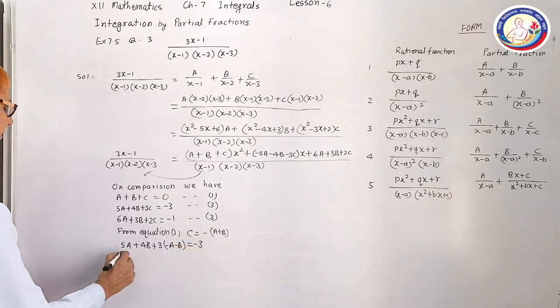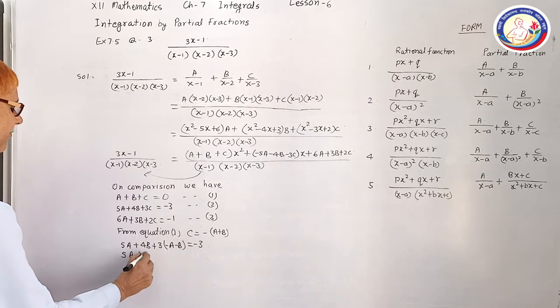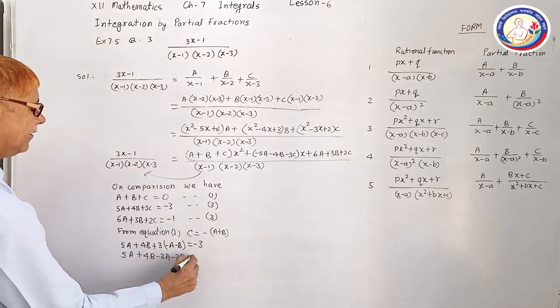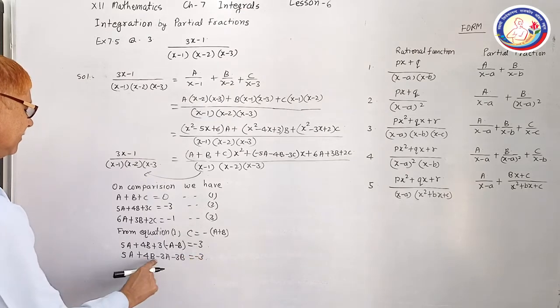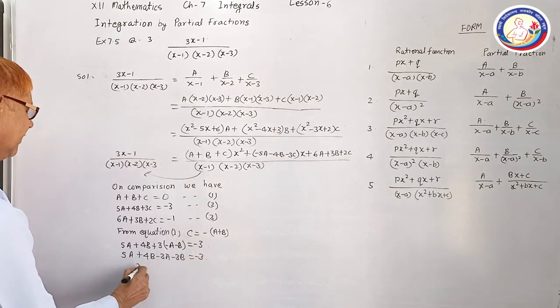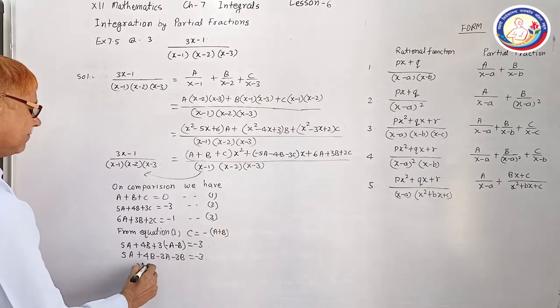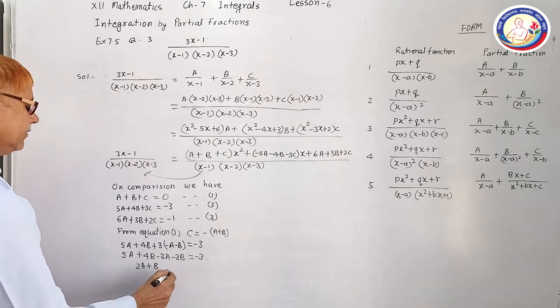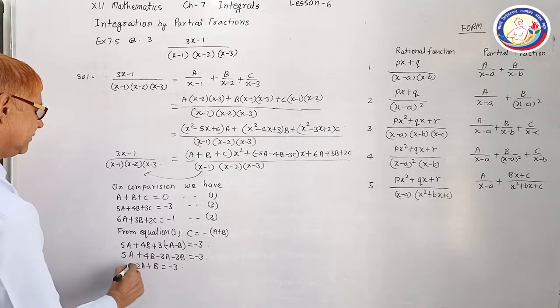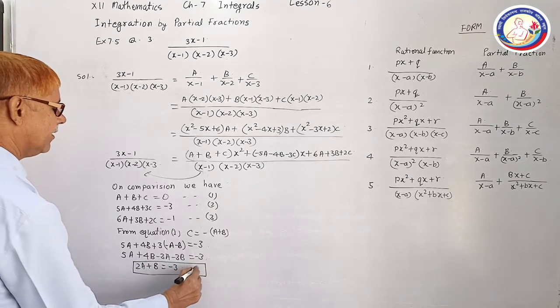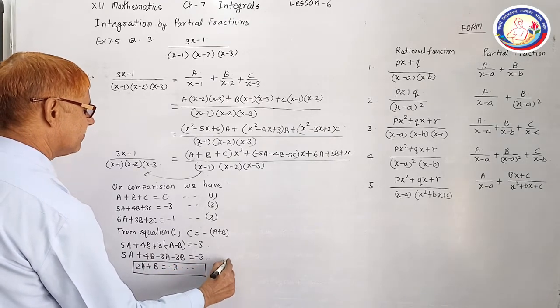And we can solve it further. 5A plus 4B minus 3A minus 3B equal to minus 3. So 5 minus 3, that is 2A, and 4B minus 3B, that is B, and it is equal to minus 3. We may call this equation number 4.